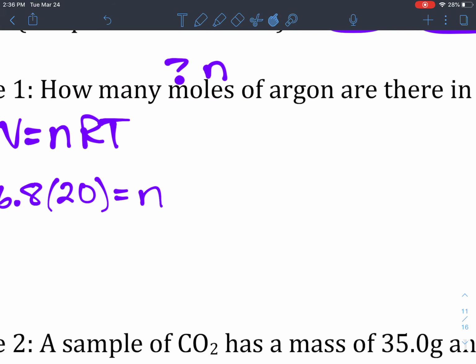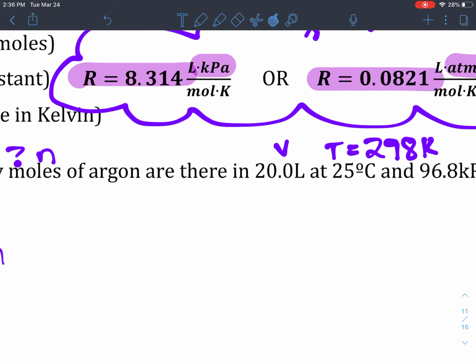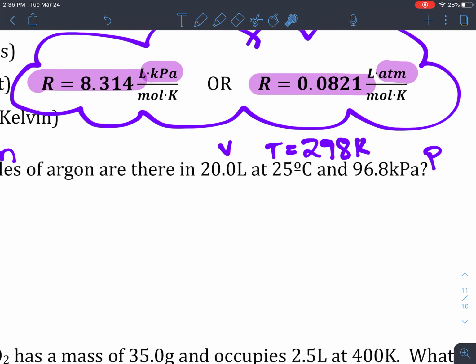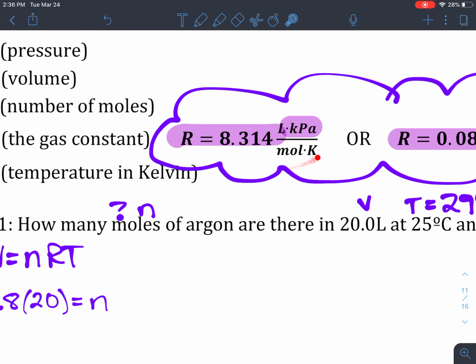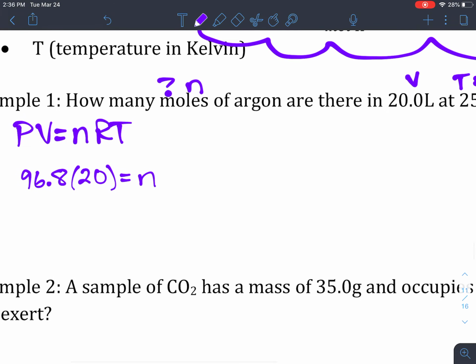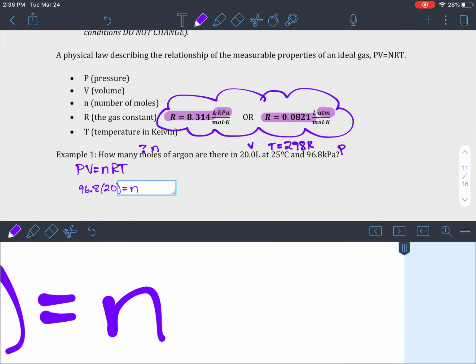For the constant, we do want to take note that in this particular problem we are in kPa. So the constant that we want to use is the one that has the unit kPa in it, so R equals 8.314. We're going to use 8.314 as our constant.